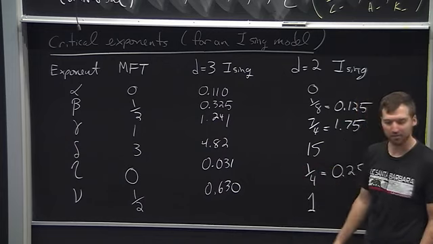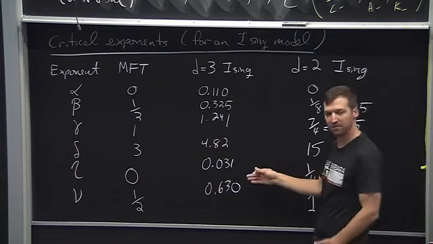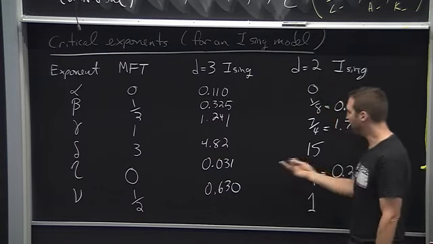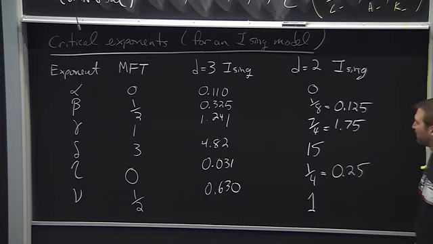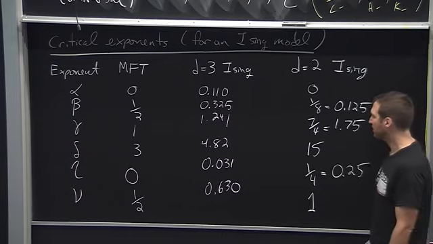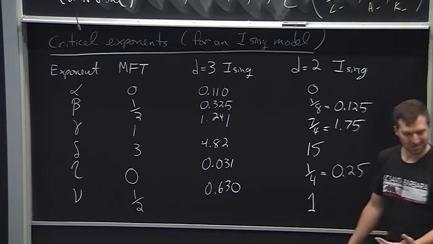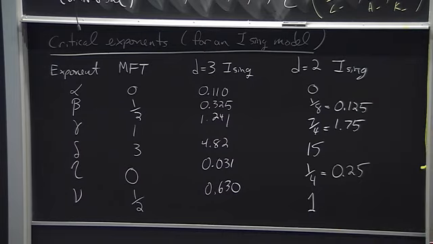So they're done numerically. There is no exact solution. They're different between dimensions. So that gives you a clue about what dependence these exponents have. They definitely depend on dimension. You should believe that they depend somehow on the symmetry of the Hamiltonian.